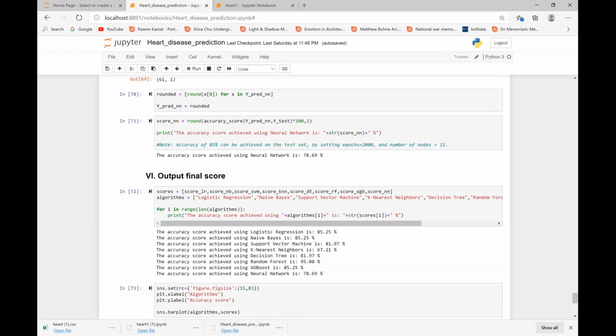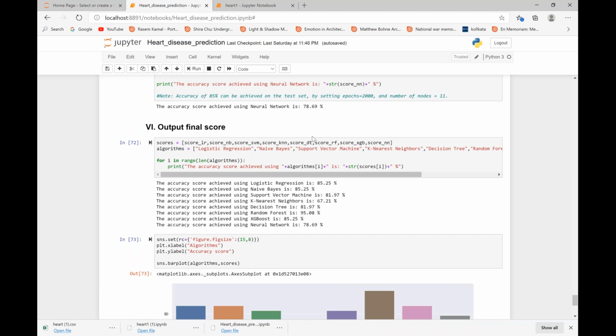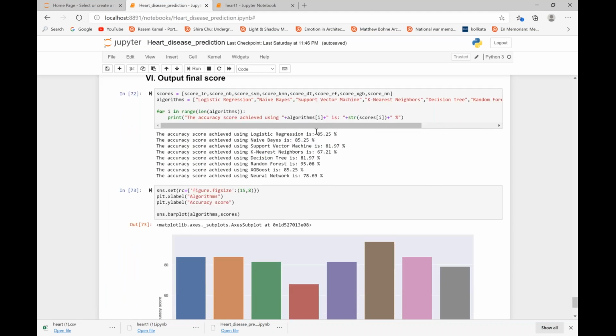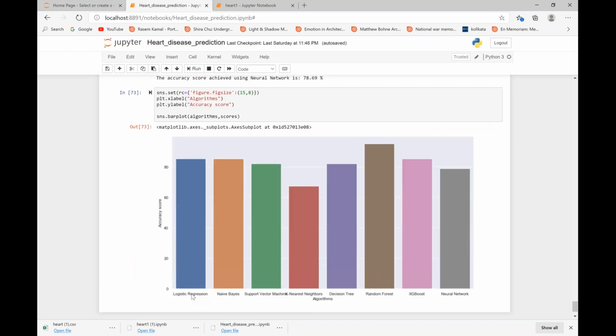So finally, to conclude, you can observe that when we used the logistic regression classifier, we saw about 82 to 83% accuracy, and then naive Bayes, SVM, k nearest neighbors, decision tree, random forest, XGBoost, and neural networks gave an accuracy of this much.